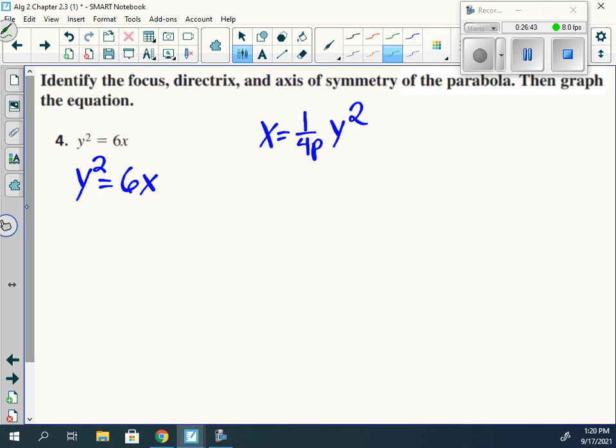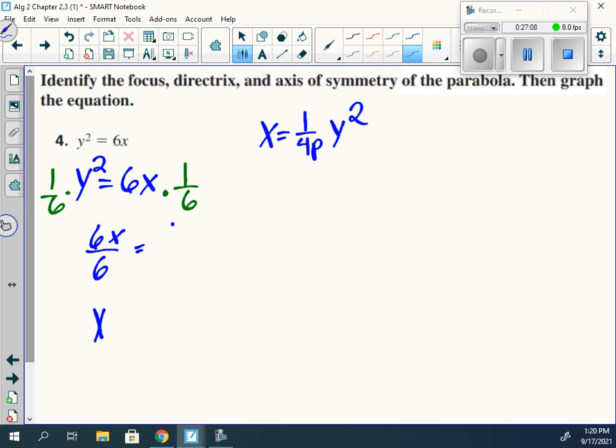Now, we can divide both sides by 6, or what we can do is multiply both sides by 1/6. Because if I multiply 6x by 1/6, what does that give me? Well, I have 6x divided by 6, which would just be x.